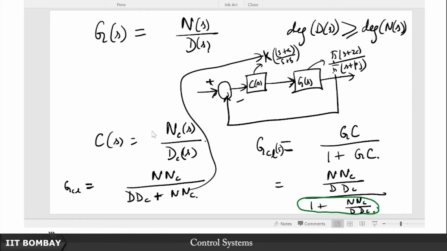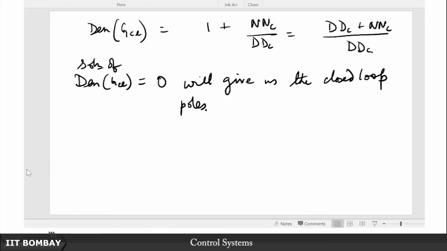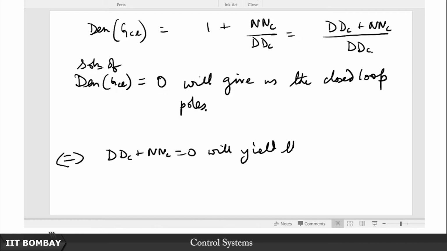That is why we are invested in this question, that is what the root locus was all about. So this is something we do not know, but what are these going to be like? This is tantamount to saying that D D_C plus N N_C equal to 0 will yield the closed loop poles.